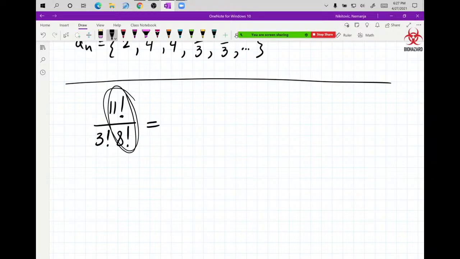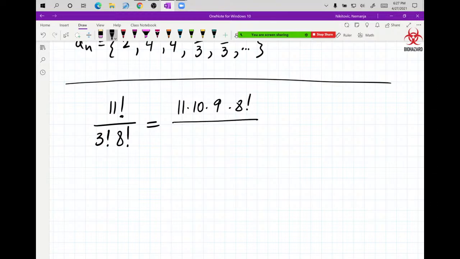When you compare 11 and 8, you need to peel back down to 8. There's just 3 numbers. And then these guys cancel.